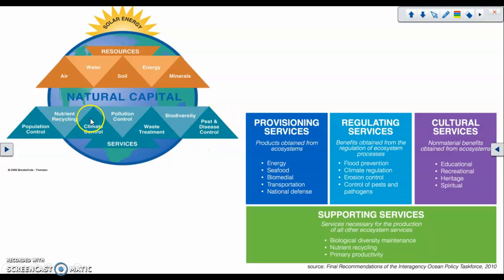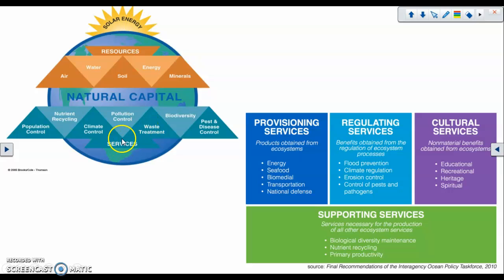These services are facilitated through natural capital. When we're talking about natural capital, we're talking about land or our planet's resources: air, water, soil, minerals, etc. Very, very important. And obviously, all of these resources start from the sun, solar energy. Without the sun, life on the planet would cease to exist.